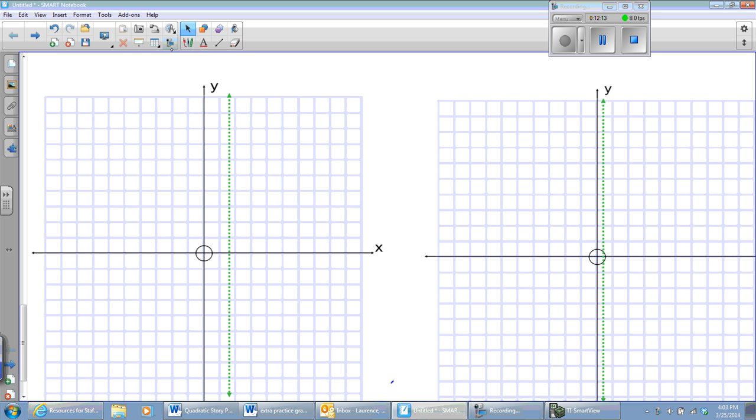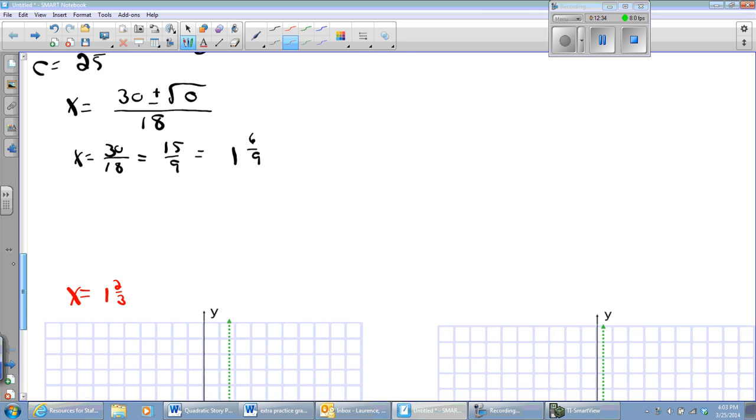All right, so 1 2/3 is right there. So my vertex is sitting right here. The line of symmetry is x equals 1 2/3. This point is 1 2/3, 0. I didn't need to plug it in. If I do plug it in, I will get 0 out.